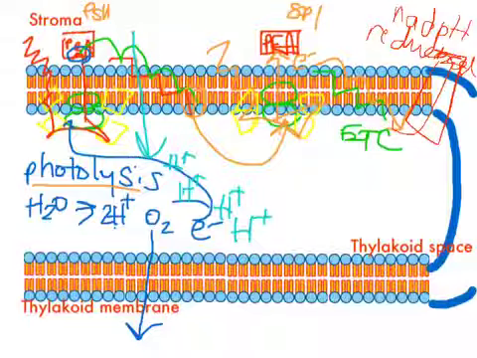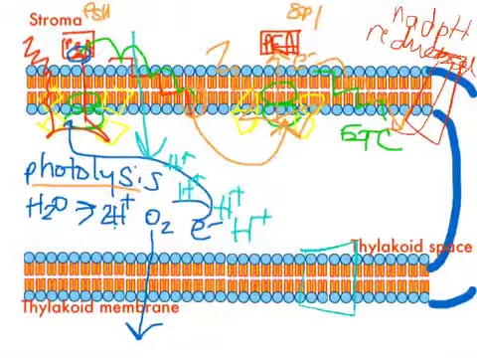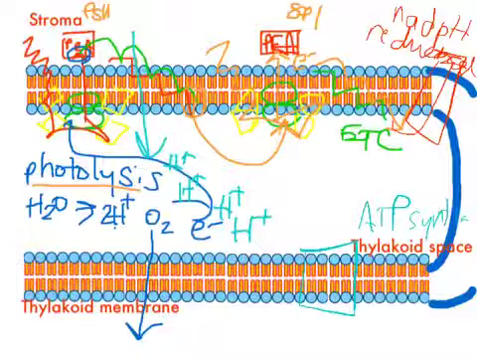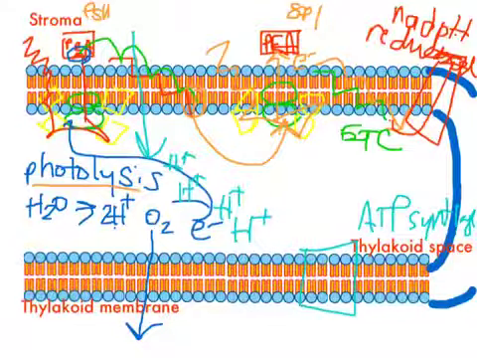Now, why did we concentrate all these hydrogen ions inside? Well, we have another transmembrane protein down here called ATP synthase, and this is going to make ATP. Well, we have tons of hydrogen ions on the inside, right? Lots of them everywhere. Not a whole lot on the outside. They can't actually get through the membrane on their own.